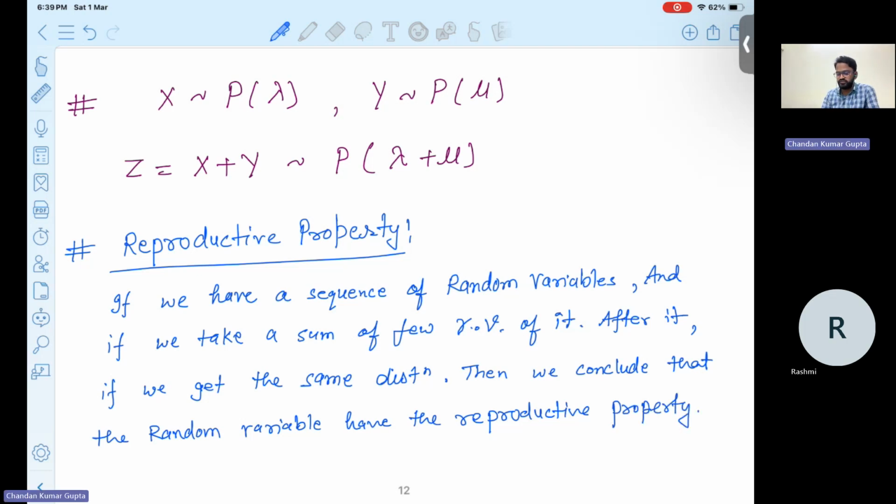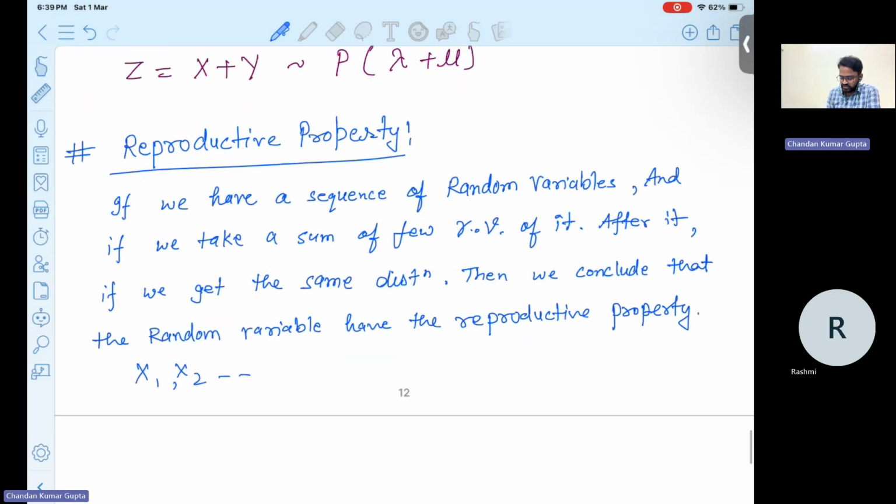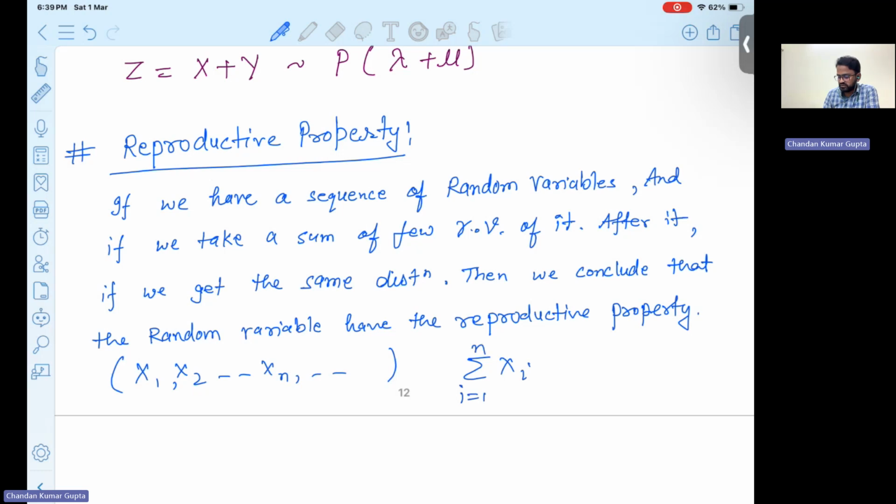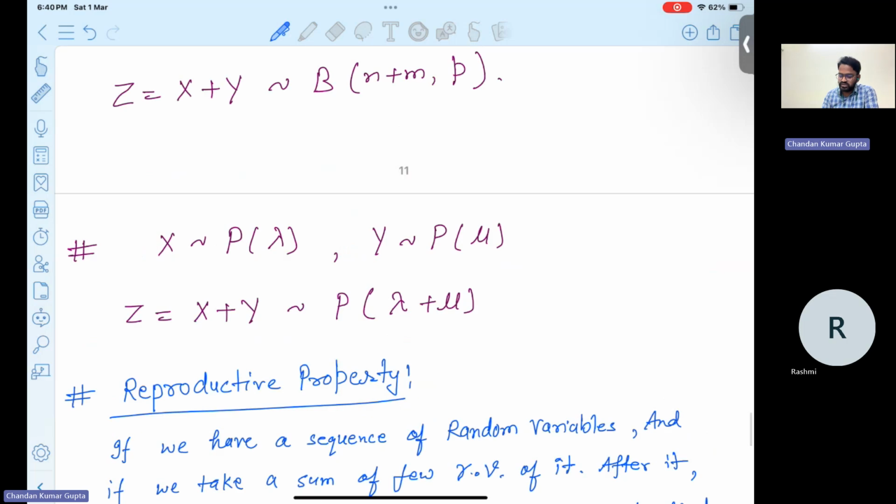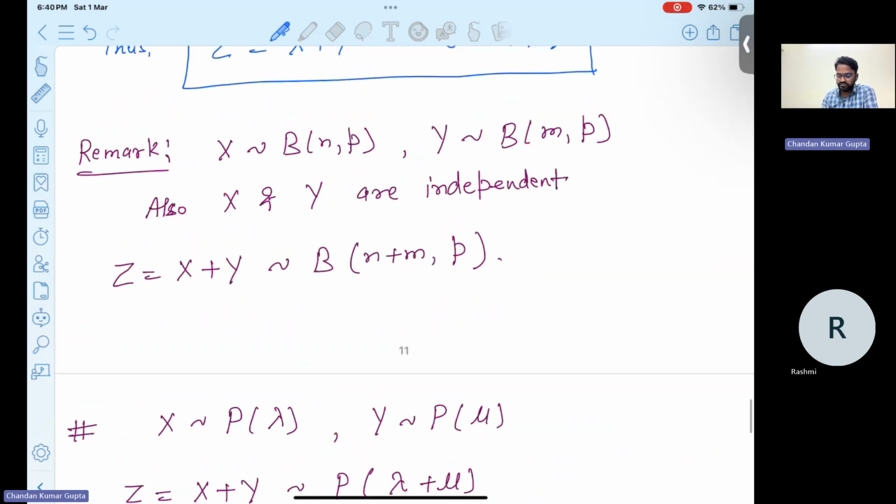That means if we have x1, x2, up to xn, a sequence of random variables, and we take the sum z of xi, i from 1 to n, then if z follows the same distribution that x1 follows and x2 follows, that random variable has a reproductive property. This property can be seen for the Poisson distribution and the binomial distribution that we have derived here.